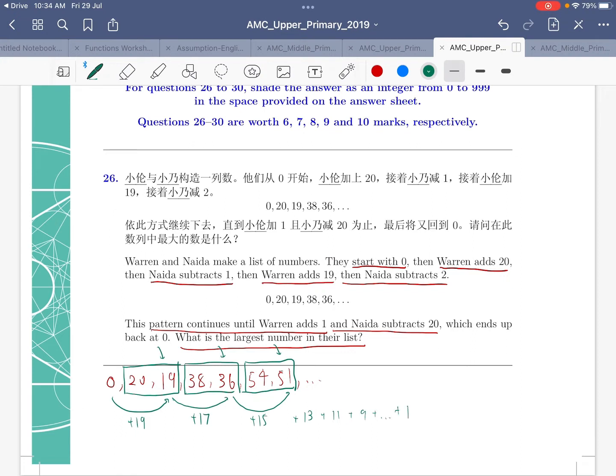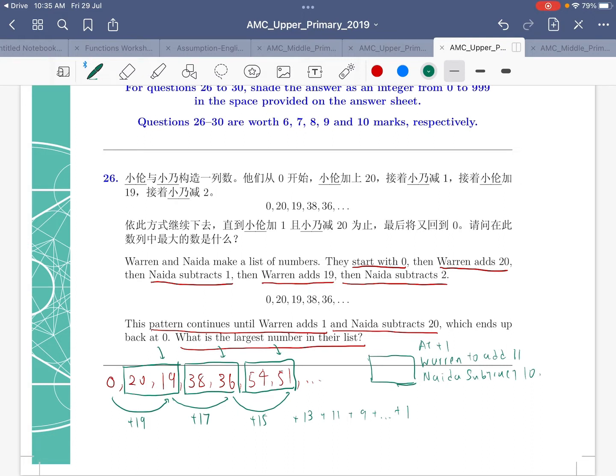Would that be the end? We notice that this wouldn't give us the largest number, because there is going to be another pair after the plus 1. What is happening after the plus 1? We expect Warren to add 11, and Naida will subtract 10.